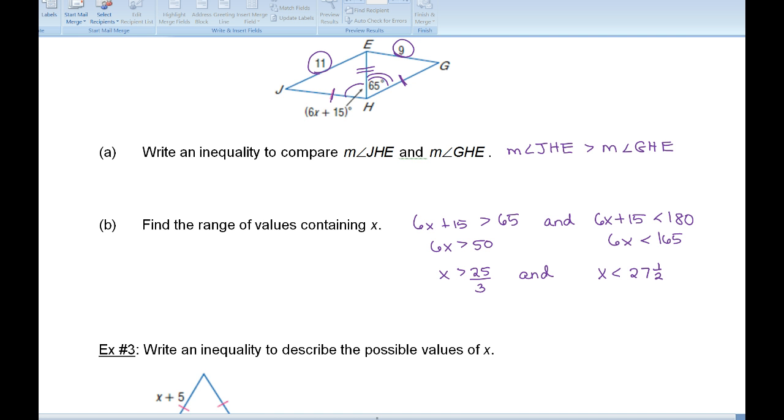How would it be over 3? 165 is not divisible by 2, it's divisible by 3. So you should have a 2 in the bottom. Oh, yeah, 55 over 2 is 27 and a half. I apologize. Yes, I verified that it is.